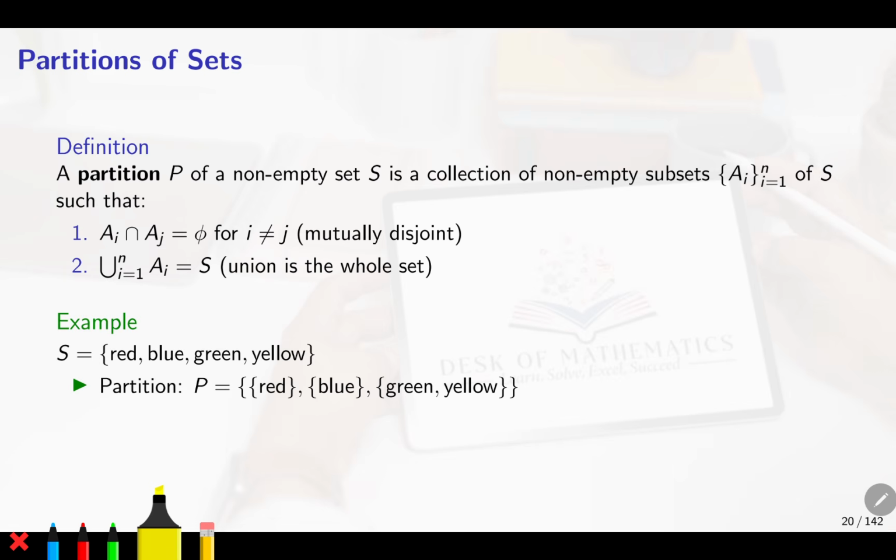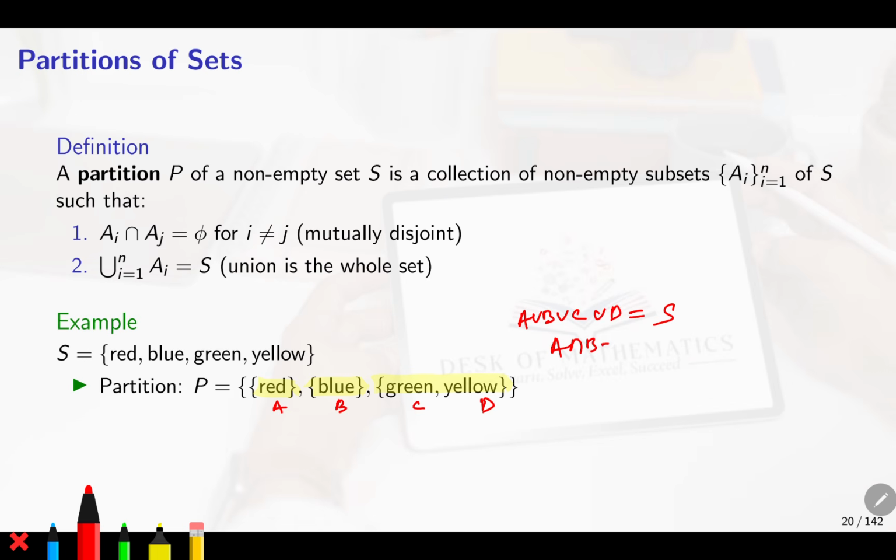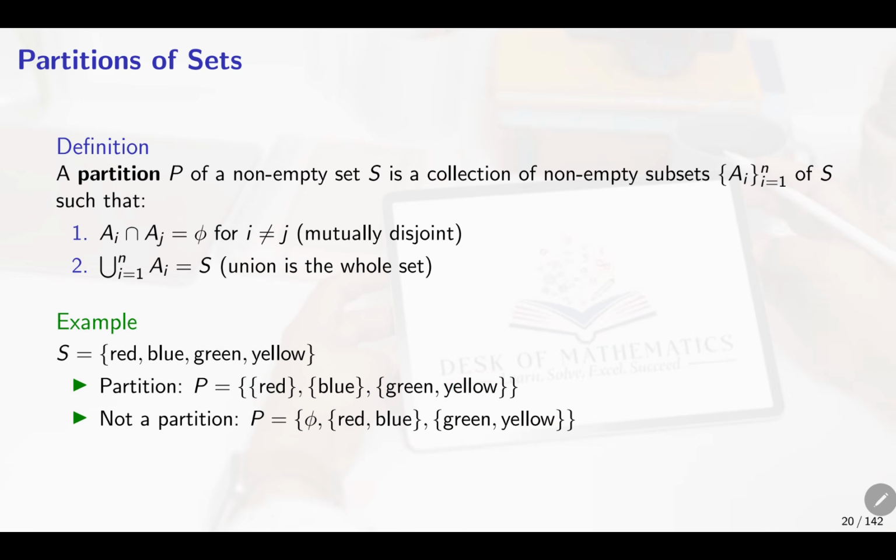You can check this set red is a subset of S, blue is a subset of S, and green and yellow is a subset of S. Let's say this is A, this is B, this is C and this is D. Now you can take A union B union C union D, and it will give you S. And A intersection B is empty, meaning these two sets have no element in common. This and this have no element in common. They are mutually disjoint. So this is a partition.